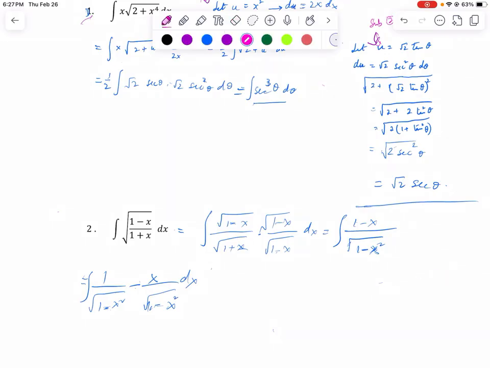So coming back, I will now split the integrals. We will have two integrals. Integral of 1 over square root of 1 minus x squared dx minus integral of x over square root of 1 minus x squared dx.